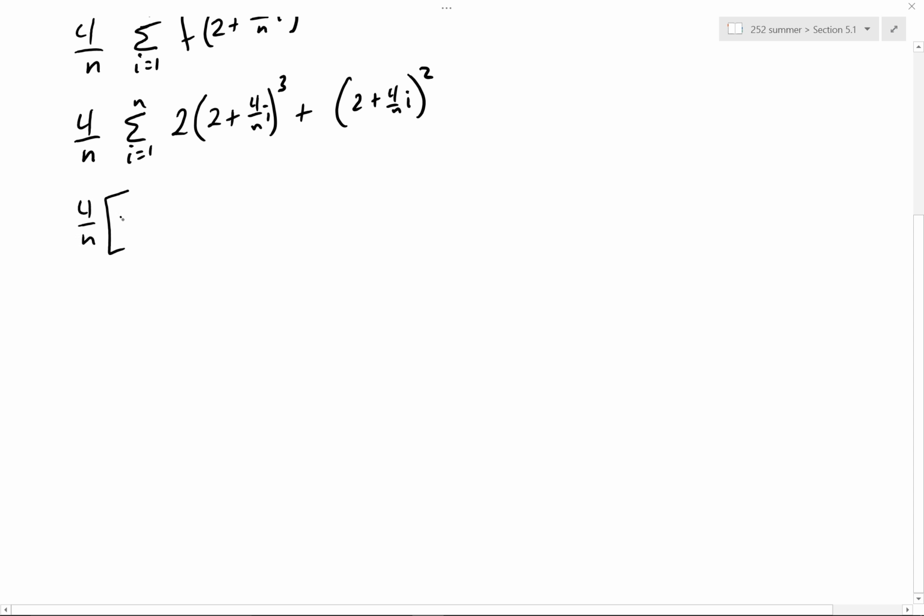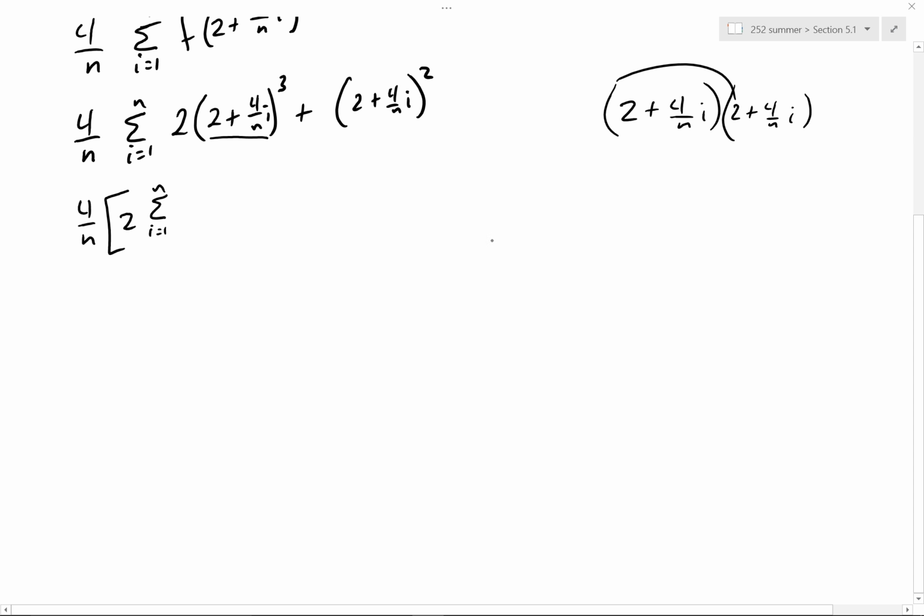So I'm going to put a big bracket here, and I'm going to do this and pull the 2 out front, I think, because I feel like that might be easier. And then i goes from 1 to n, of course. And then I'm going to FOIL this baby out. So I'm going to do it twice first, because that, to me, I think makes the most sense. 4 over n times i, 2 plus 4 over n times i.